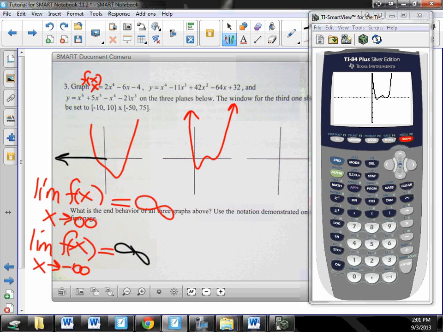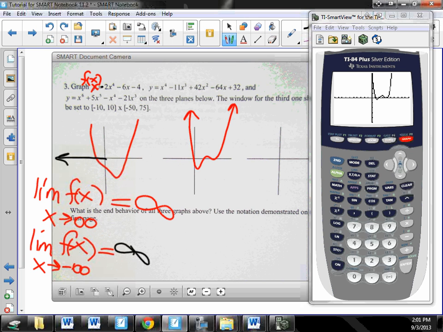How come they're both the same in this case? It's an even-numbered polynomial. It's an x to the fourth. Is it possible for both of them to be down instead of up? What would I need to do? I would need to change my graph to be a negative.